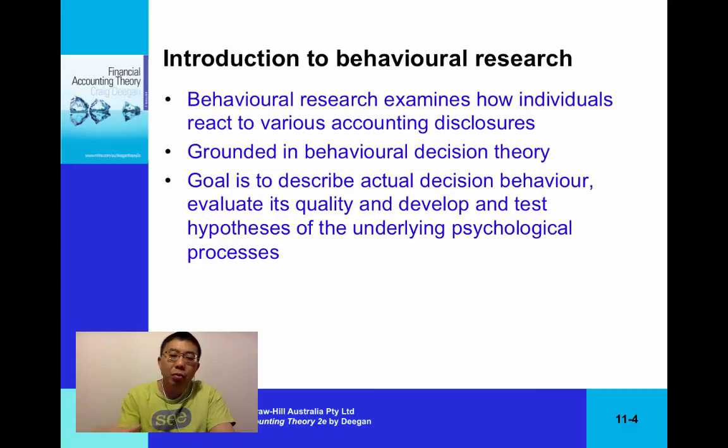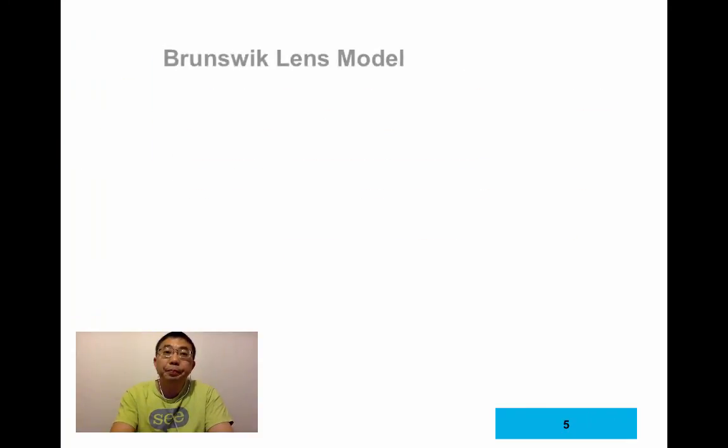In other words, how do individual users make decisions, and how do they use accounting information to make those decisions? So it has a lot to do with how we think and how we process thought. It is based largely on psychological processes.